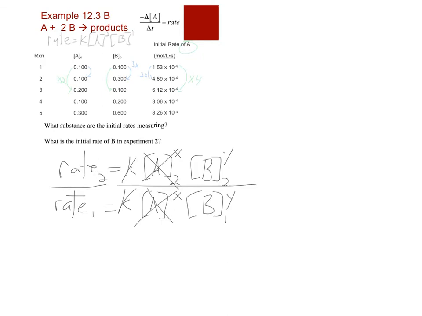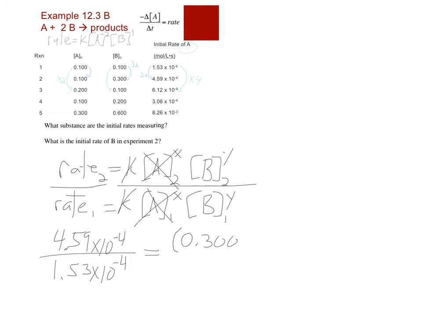So we're left with rate 2 over rate 1, which is 4.59 times 10 to the minus fourth over 1.53 times 10 to the minus fourth equals B, which is 0.3 in trial 2, to the Y power, over 0.1 to the Y power.